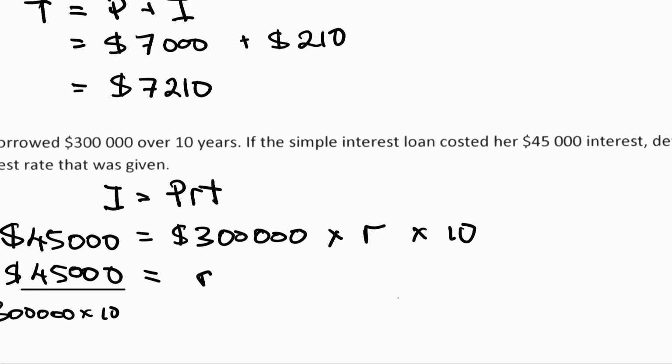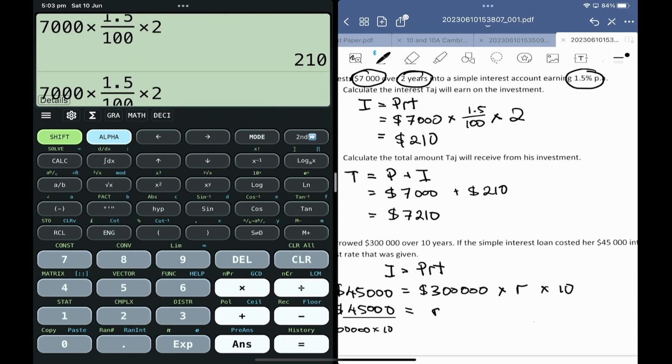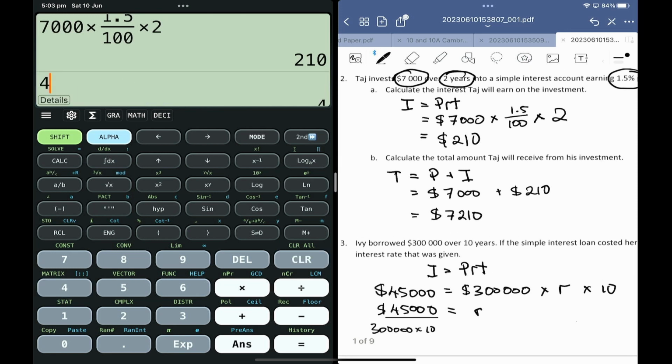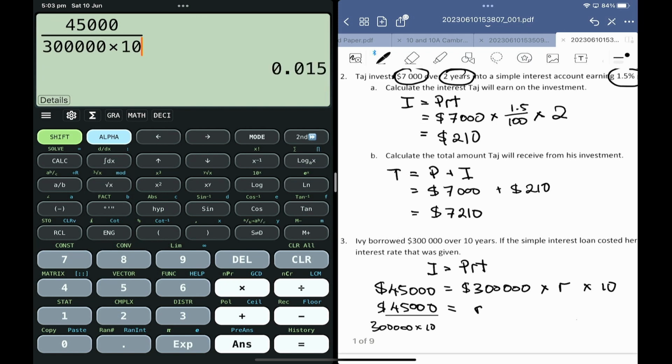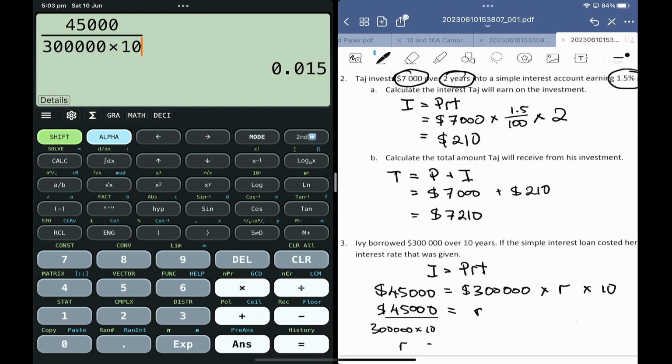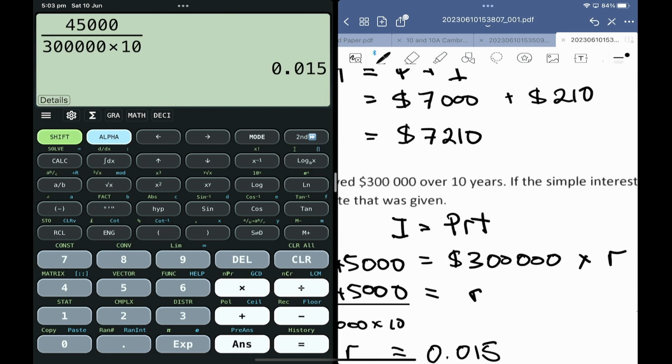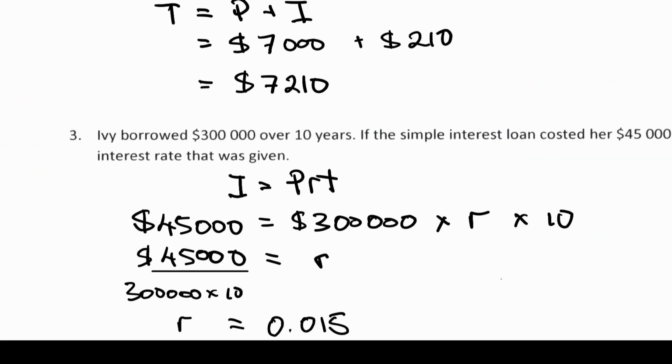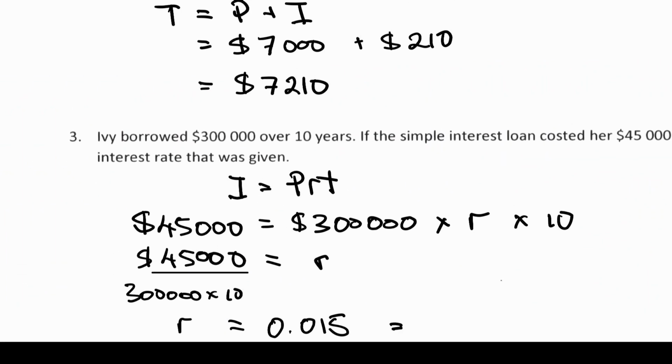We plug that into the calculator and we get 45,000 over 300,000 times 10 years gives us a rate of 0.015, or if we need to give it as a percentage, that is equivalent to 1.5%.